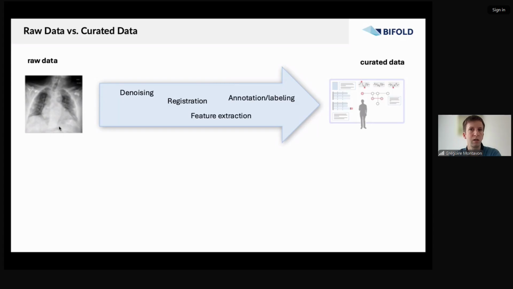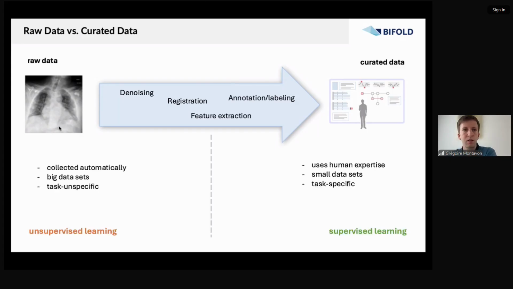It might be noisy, it might be misaligned. There is no metadata or human annotations that come with it. And as you enrich this data with pre-processing, feature extraction, human annotation, then you get this curated data.